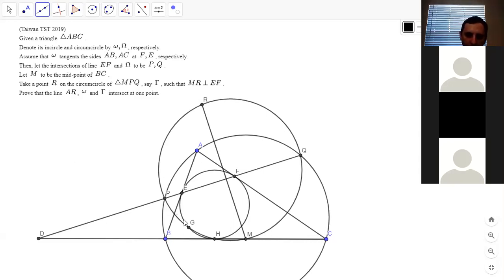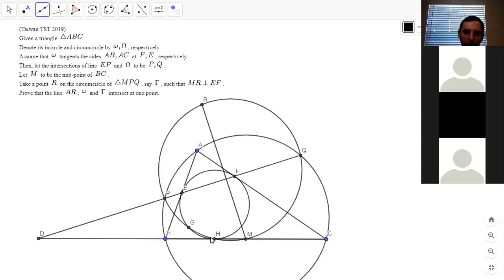Okay, so we have this concurrency right here, and we have the perpendicular to EF.